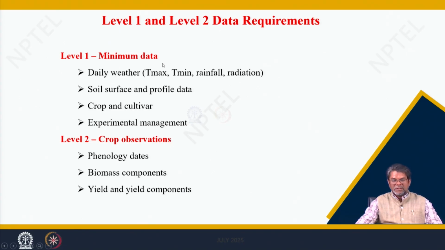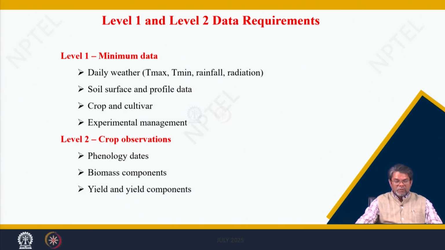Daily weather: T max, T min, rainfall, radiation; soil characteristics, soil surface and the profile layers, physical and chemical properties; then cultivar coefficients, the particular crop and genotype coefficients as per the crop specific; then your experimental management. So, these are the 4 data sets required for the operation of the model or running models.